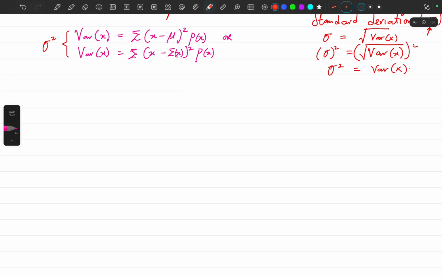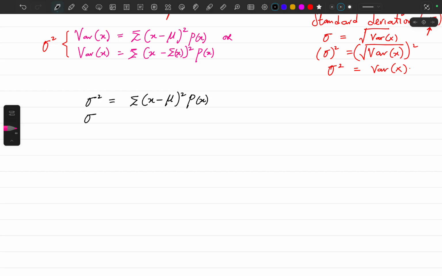So in this concept, we can balance out our formula: the standard deviation all square, which is the variance, equals the summation of x minus mu all square times the probability distribution of x.